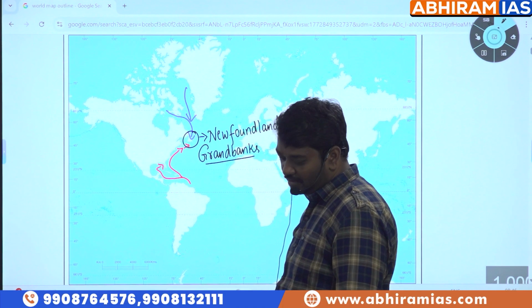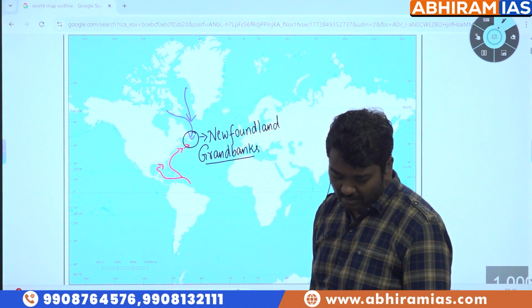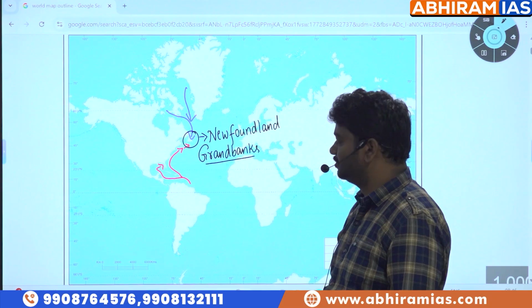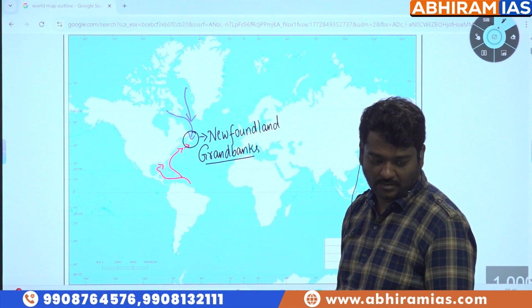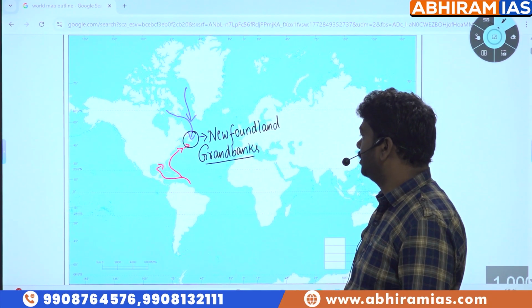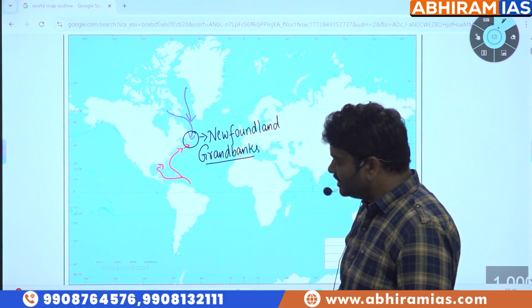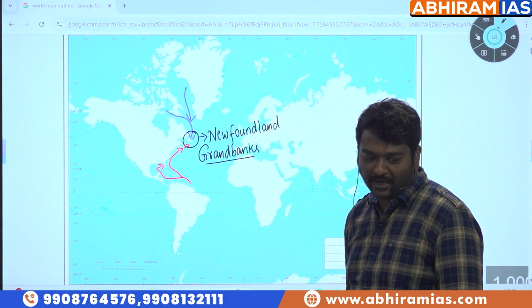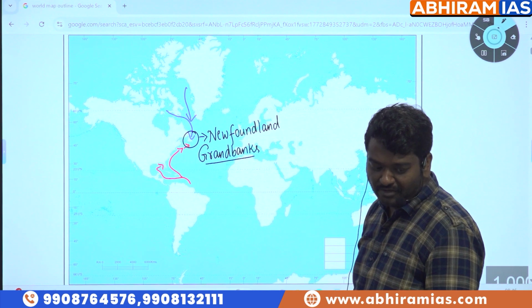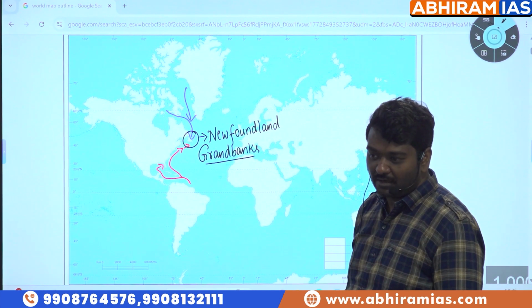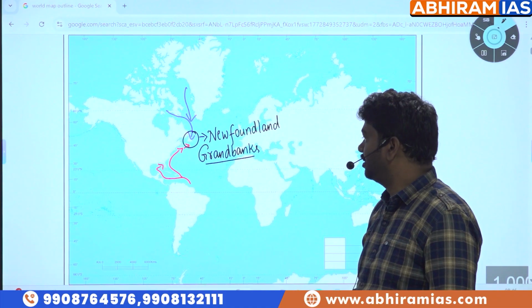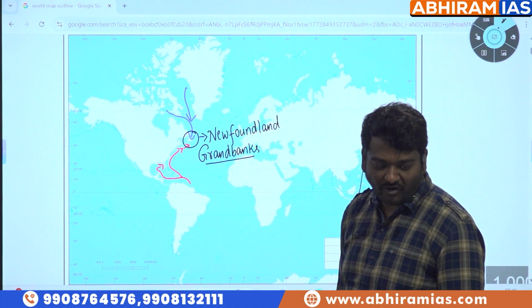So fishing will be more. Below this, Grand Banks, the word is very, very important. Grand Banks near North America, in brackets, Newfoundland.